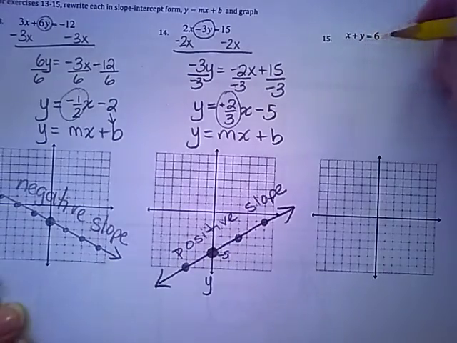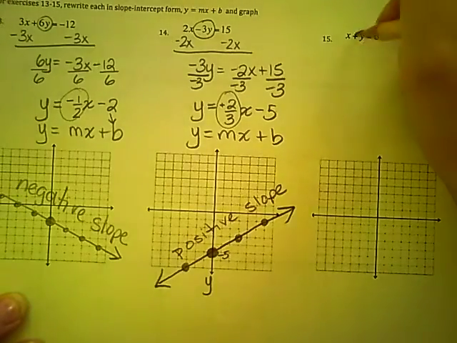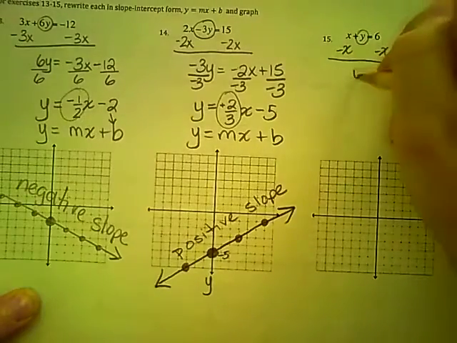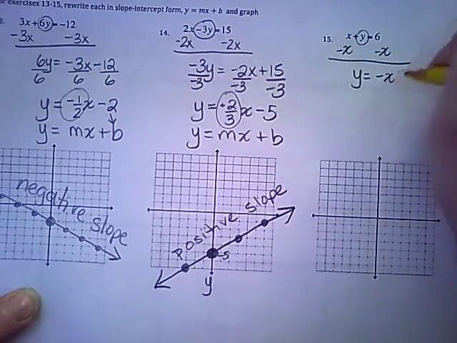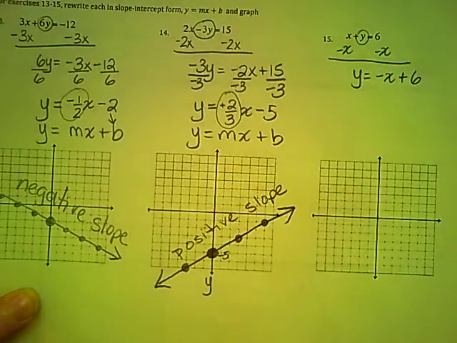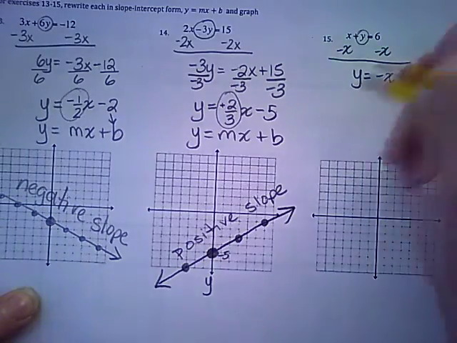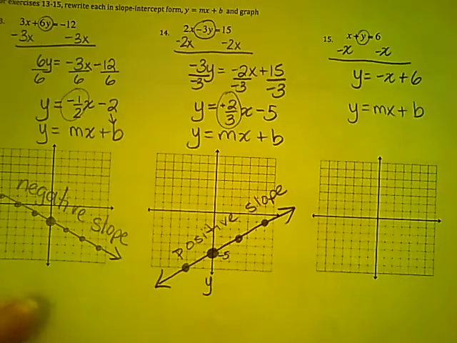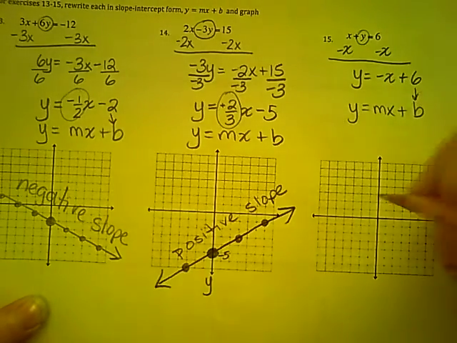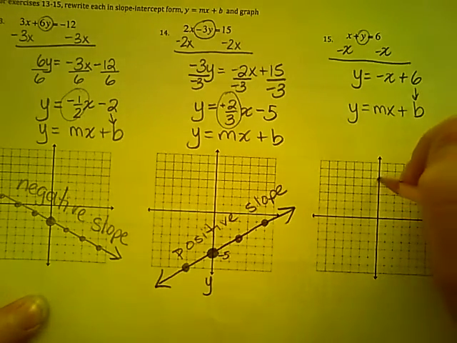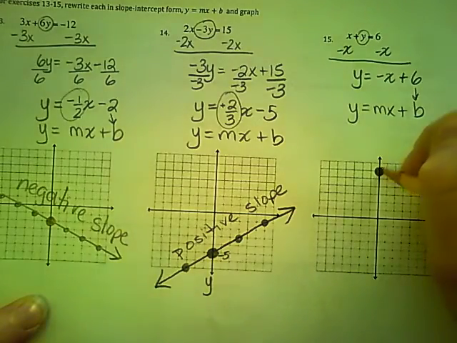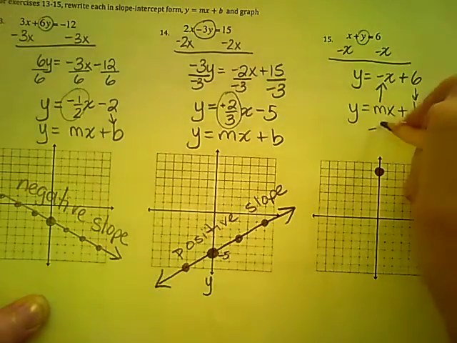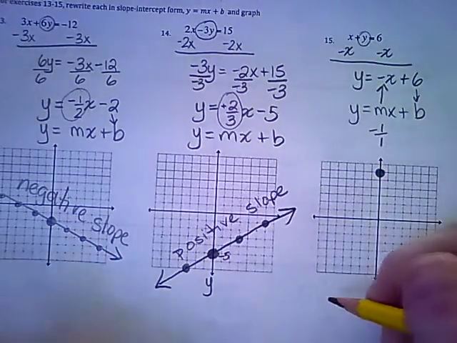Number 15, x plus y equals 6. Get y alone. Just subtract x to both sides. Y equals negative x plus 6. Now this is in y equals mx plus b. My b is 6. 1, 2, 3, 4, 5, 6. My slope, this negative sign, that means it's negative 1 over 1.